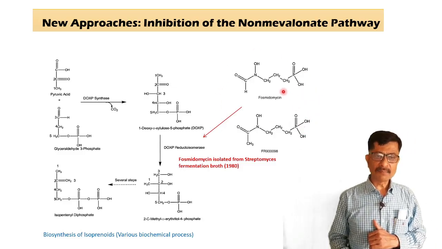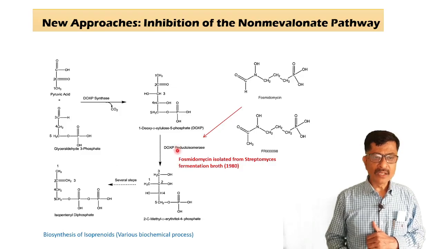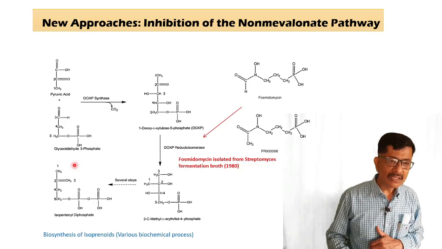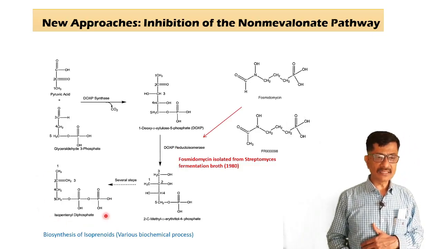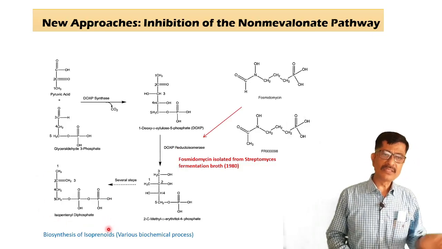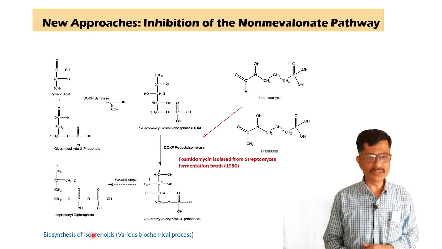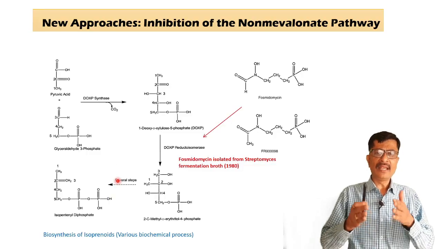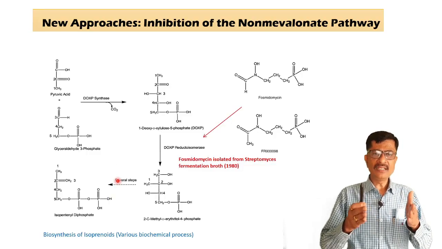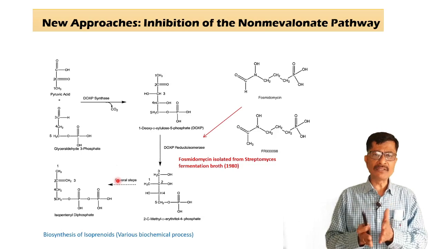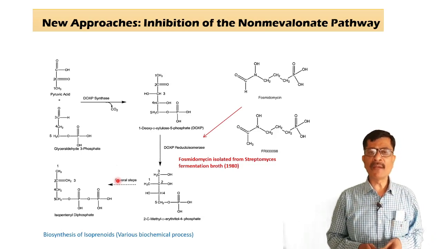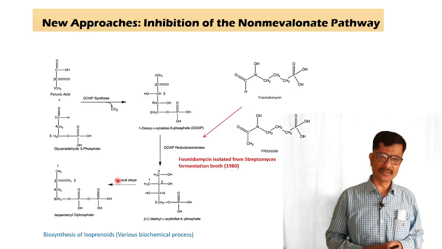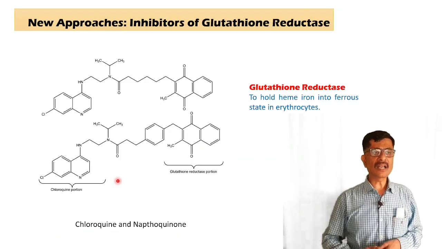It acts by inhibiting the enzyme DOXP reductoisomerase, which prevents biosynthesis of isoprenoids required for different biochemical processes in Plasmodium, and thus it selectively inhibits Plasmodium species by blocking the non-mevalonate pathway, which does not exist in humans.